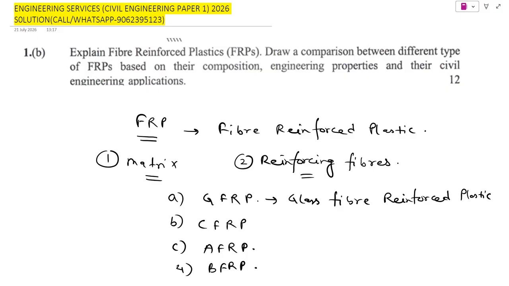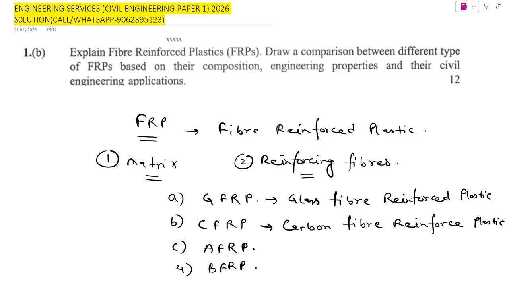Now what is CFRP? This is carbon fiber reinforced plastic. The fiber used here is carbon fibers.